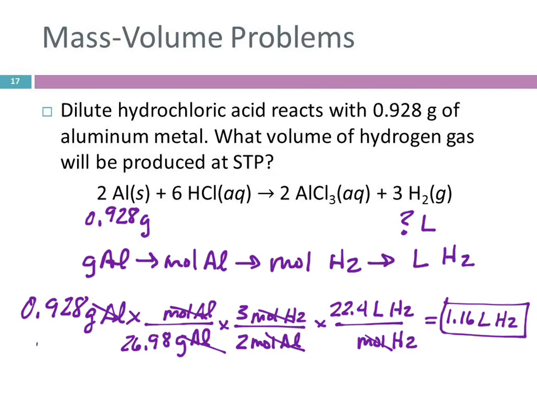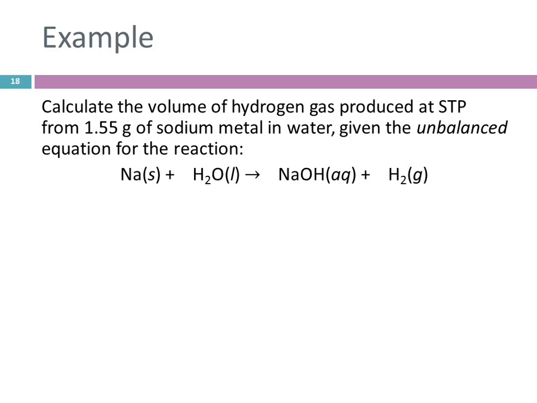Let's do another one. Calculate the volume of hydrogen gas produced at STP from 1.55 grams of sodium metal in water, given the unbalanced equation for the reaction. So we have to balance it. I'm going to look at this equation and see that there's hydrogen all over the place.